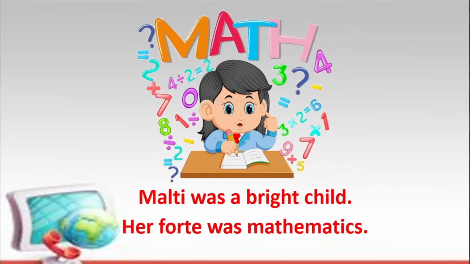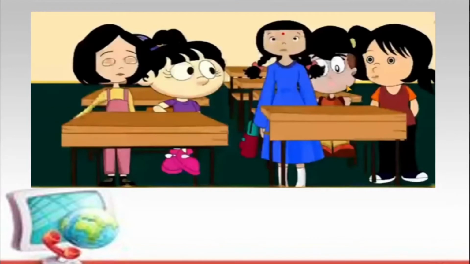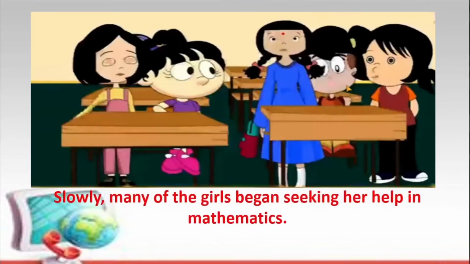And she's not a mean girl at all. She is a very, very kind hearted, generous girl. So, whenever the other students ask for her help, she immediately helps them. So slowly, many of the girls start seeking help from Malti to do mathematics.